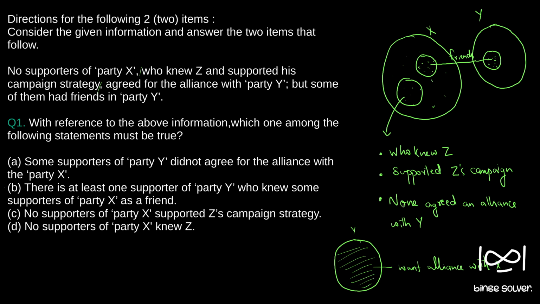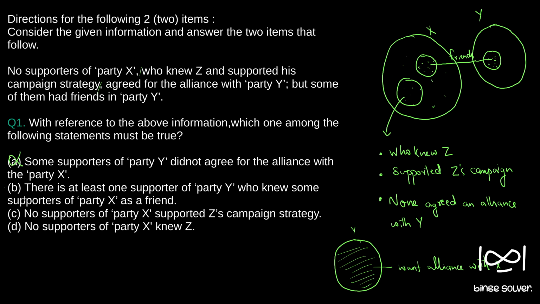Maybe all the people who supported Y want an alliance with party X, but some in X do not want an alliance with Y. That does not contradict it. It could also be the case that none wanted an alliance with X, or some want an alliance with X. We don't know that. We have no such information about party Y, so we cannot say some supporters of party Y did not agree to the alliance with party X. No such information is given. So option A is wrong.